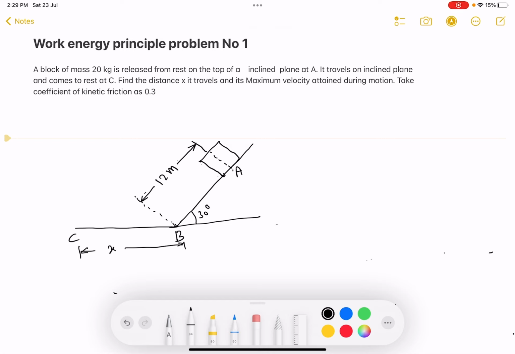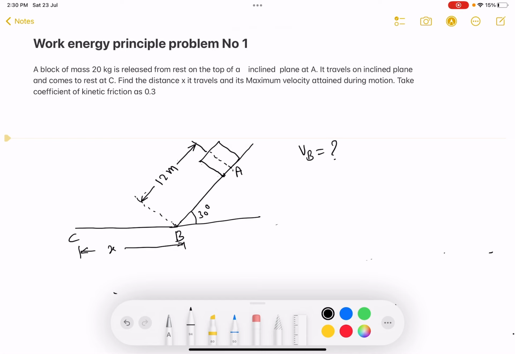Similarly here, when the block slides down, its velocity will keep on increasing and at B it will have maximum velocity. You want to find the maximum velocity and the distance x. So let's first find the maximum velocity, that means the velocity at point B. Let's say VB. We want to find VB.